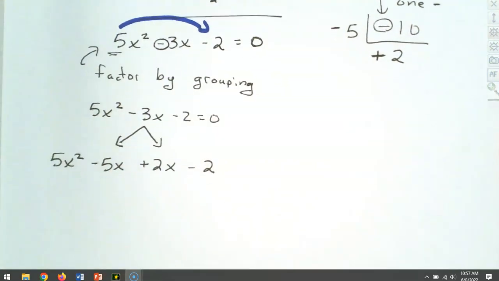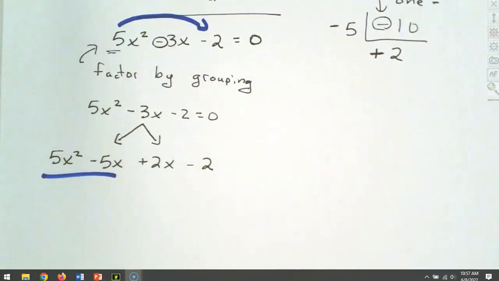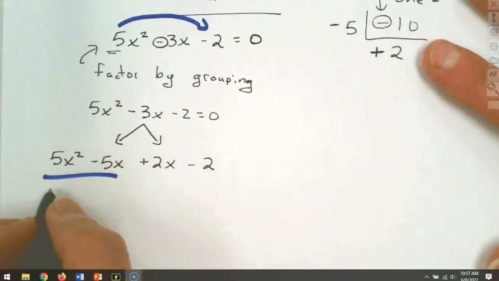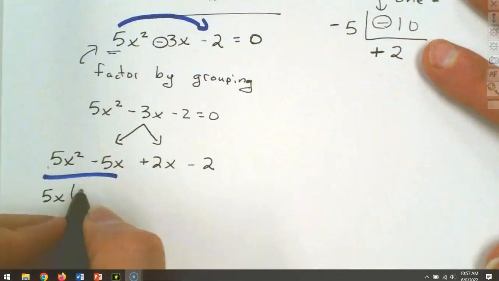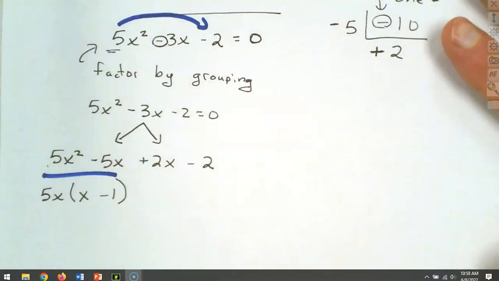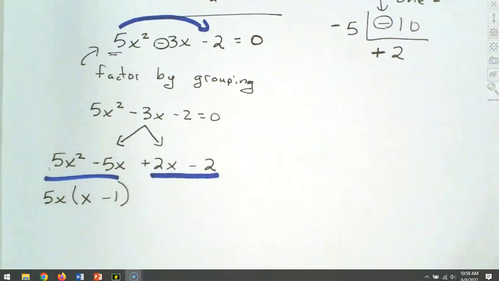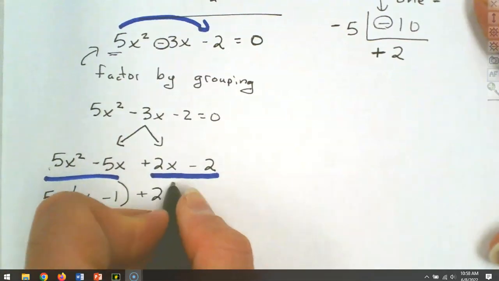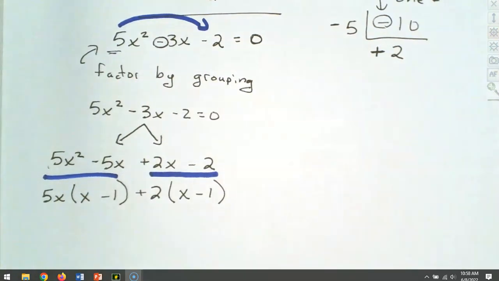Now we factor it by grouping. First two pieces, what can come out? Yep, and a 5 as well, right? So 5's come out, x's come out. That leaves you with an x minus 1 inside. Next two pieces, looks like these have a 2 in common, so that's going to also leave you with an x minus 1.